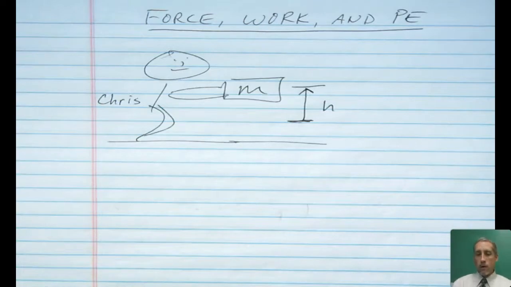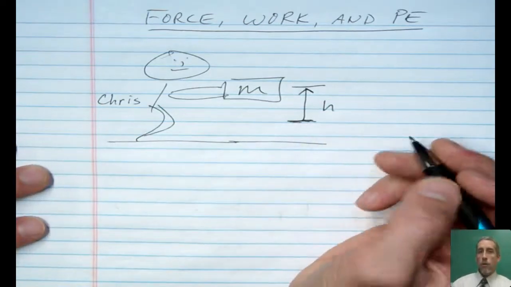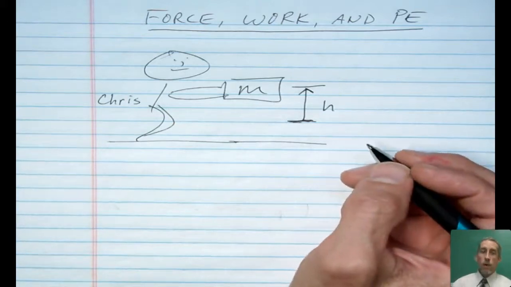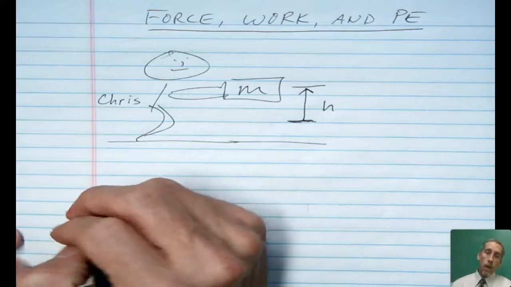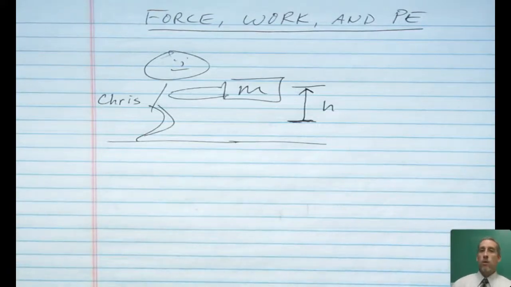But what about the work-energy perspective? Well, let's calculate or write expressions for the amount of work that's being done on the box as it's being lifted up. And when you talk about the work being done, you always have to specify the work done by what? By a particular force, because every work is associated with a particular force.